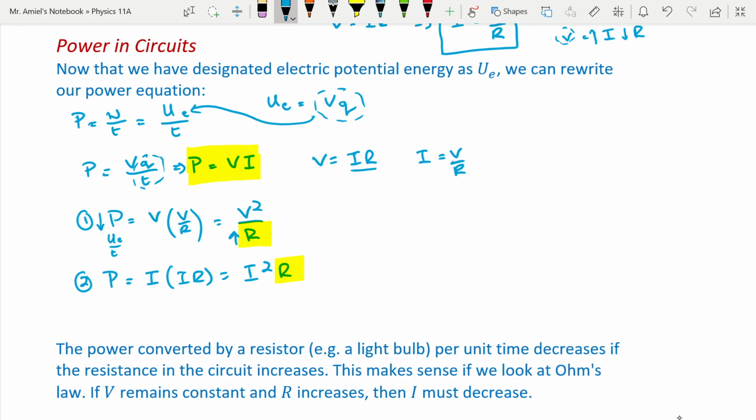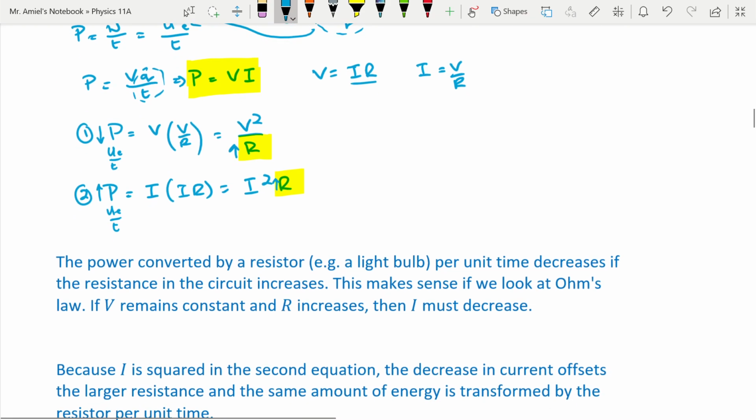And here it looks like if we're increasing resistance, we're actually going to increase power, which again is the amount of energy we're able to produce per unit time. So this looks like we've got a bit of a problem, but in fact we can explain this relatively easily.